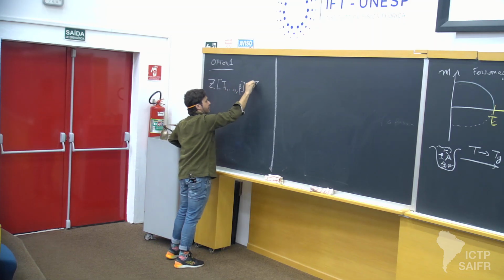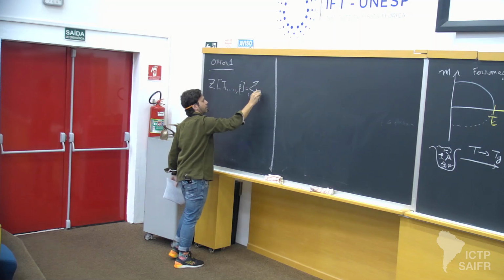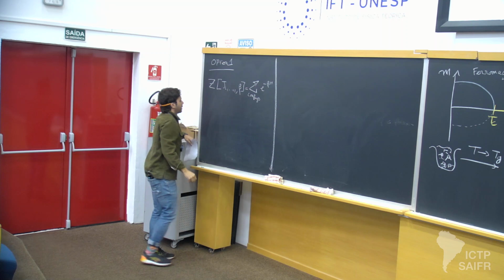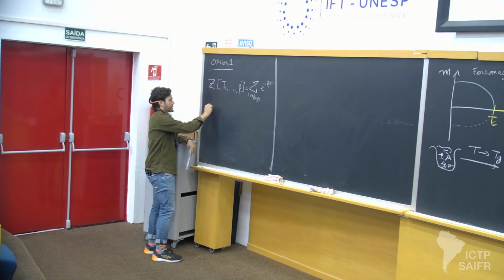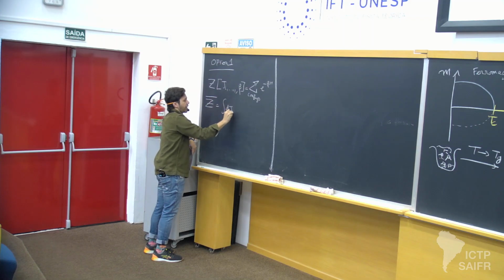Remember, that's the sum over configs of e to the minus beta H. And then what we do is we average, so we compute Z bar. That's the integral over all the J's.